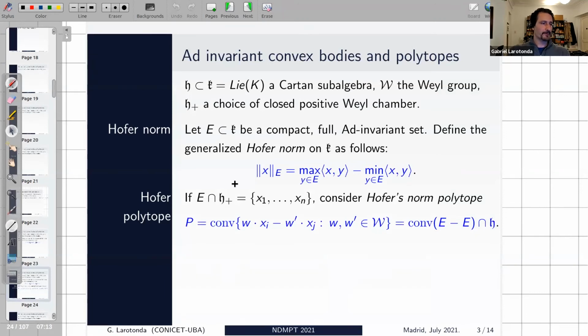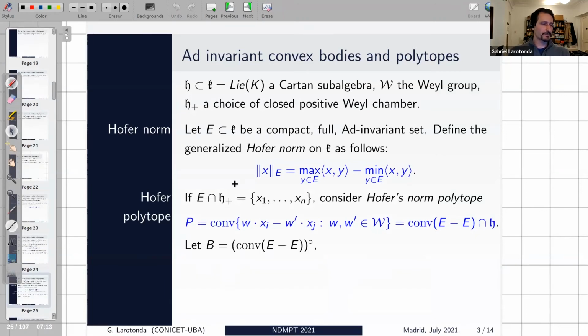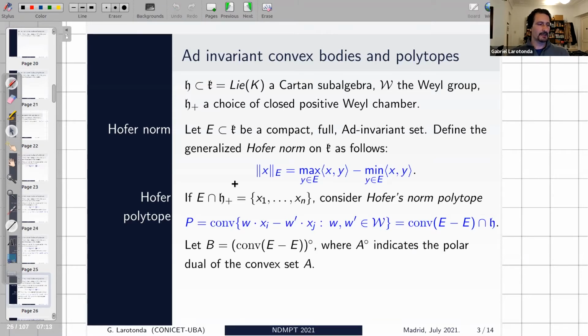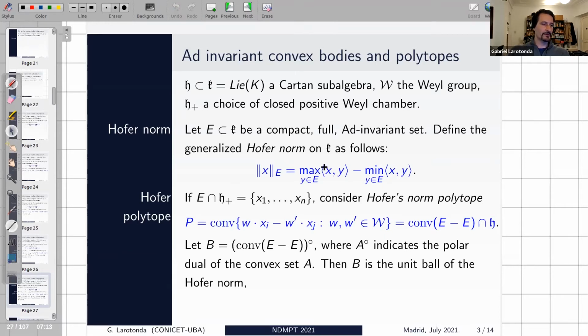Okay, so now you take the convex closure again, but now we take the polar dual of this set. And it is not hard to see that this B is in fact the unit ball for this norm.